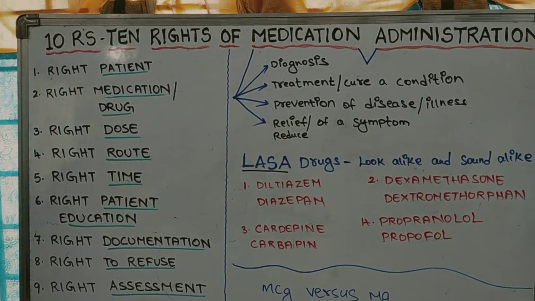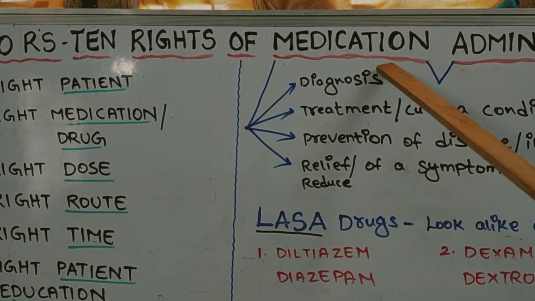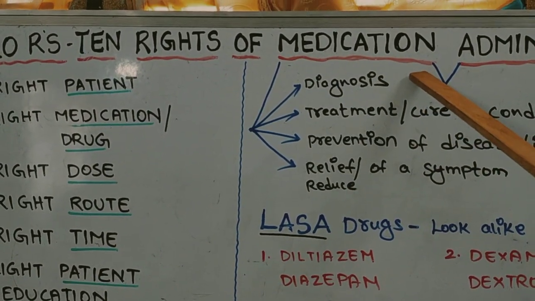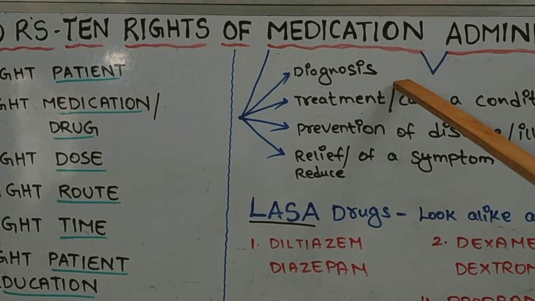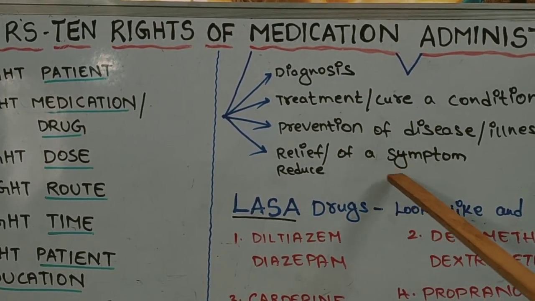Now first, coming to what is medication. Medication is any substance which is given to a person for diagnosis, treatment, cure, prevention of disease or for relief of a symptom.